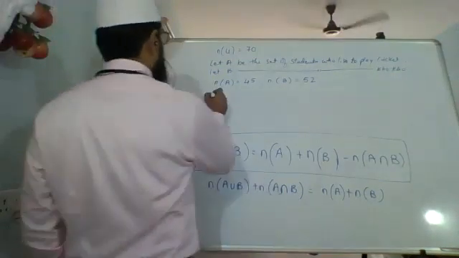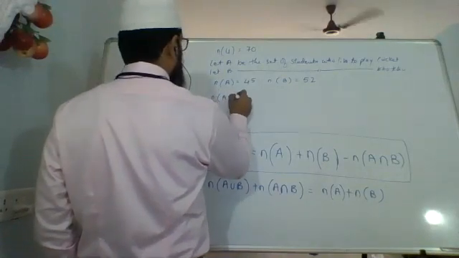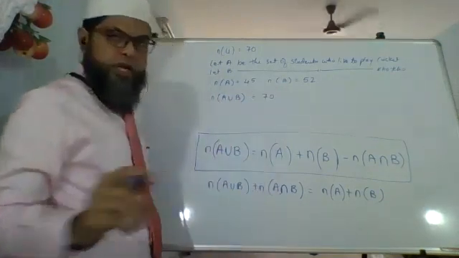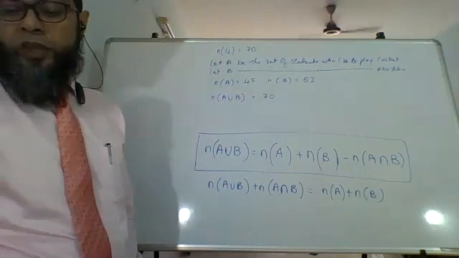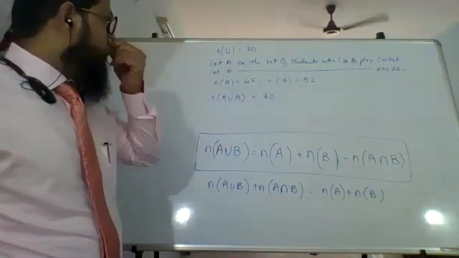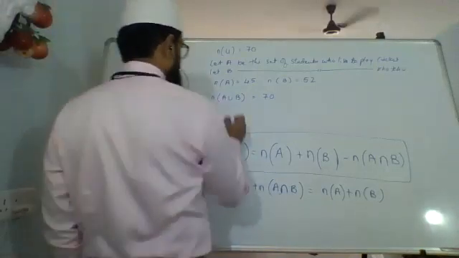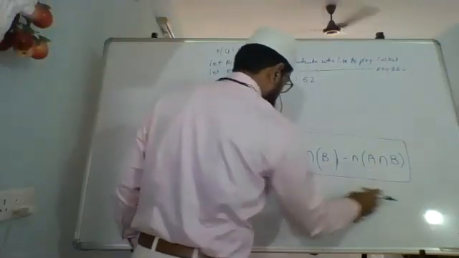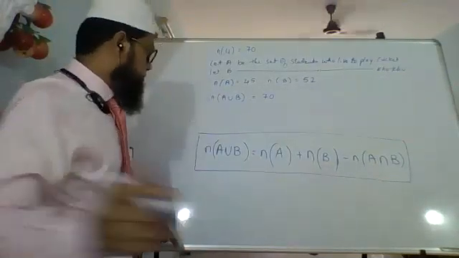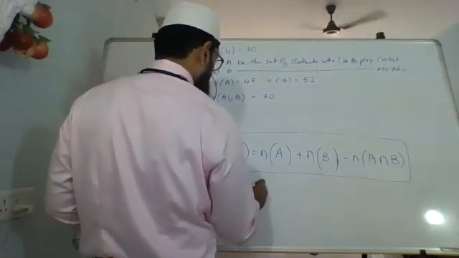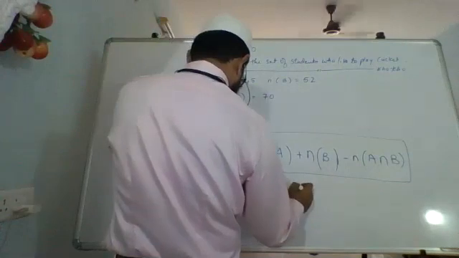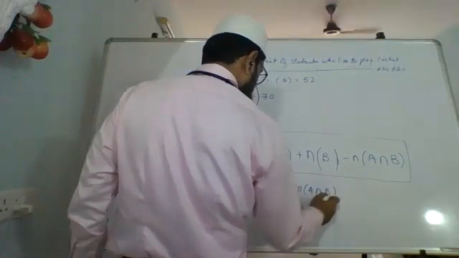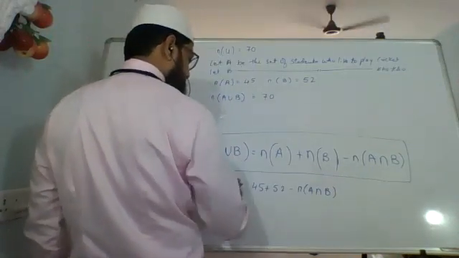So we know N of A union B, meaning they play either kho-kho or cricket, they like to play at least one of the games, is 70. Now, using this formula, I can say 70 equals 45 plus 52 minus N of A intersection B. So bring A intersection B this side and bring 70 this side.